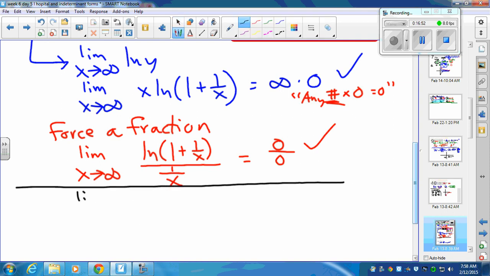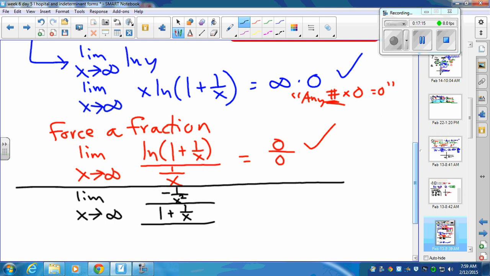I'm going to do it in a different color to showcase the step. Okay, stamp. Address the top. That's going to be negative 1 over x squared. Make sure you're okay with that because that is x to the negative 1. So negative 1 over x squared.